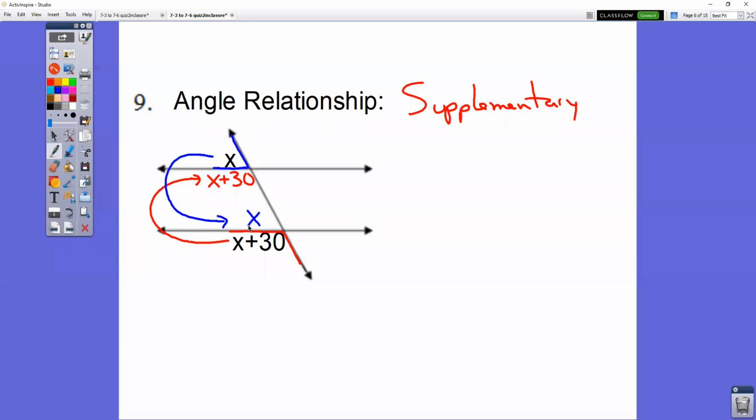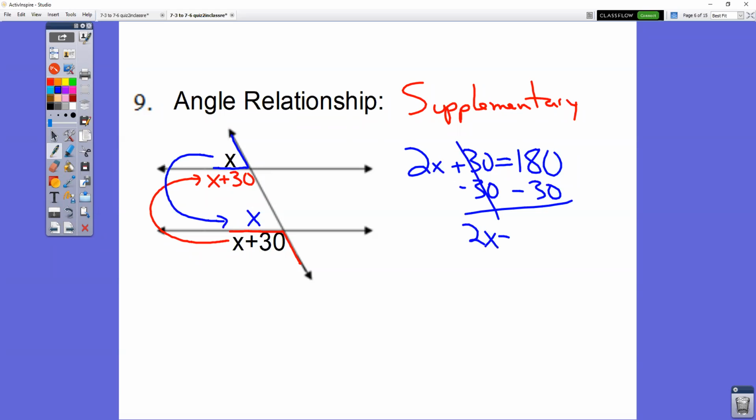Remember that supplementary angles add up to 180. They are not equal to each other. So they add up to 180. 1x plus 1x is 2x. Then you have a plus 30 equals 180. So this is just a two-step equation. Minus 30 minus 30. So 2x equals 150. Divide by 2's.